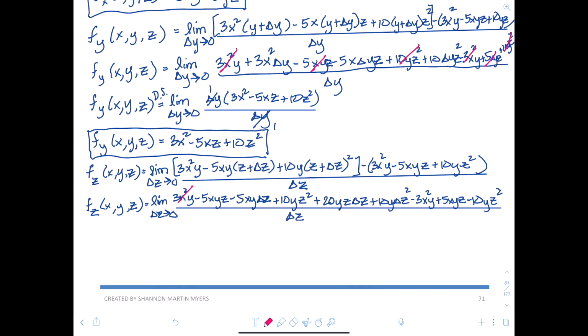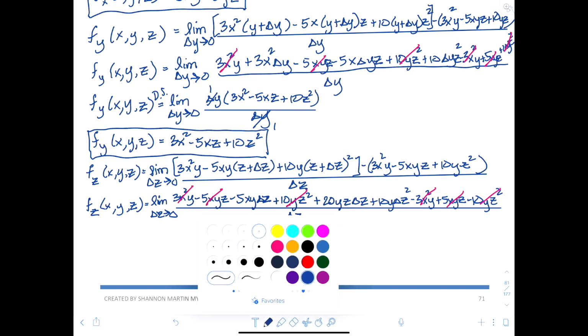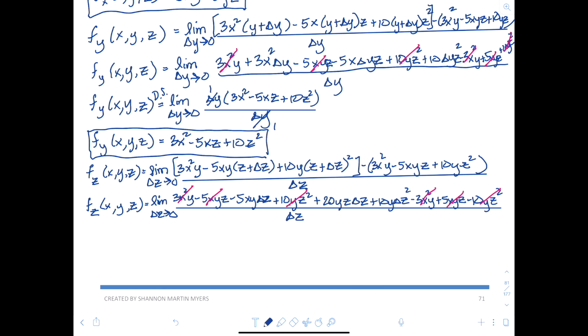So let's see what all zeroes out. The 3x squared y's will zero, the 5xyz's will zero, and the 10yz squareds will zero out. Factoring out a delta z, let's see what we get. Almost done.